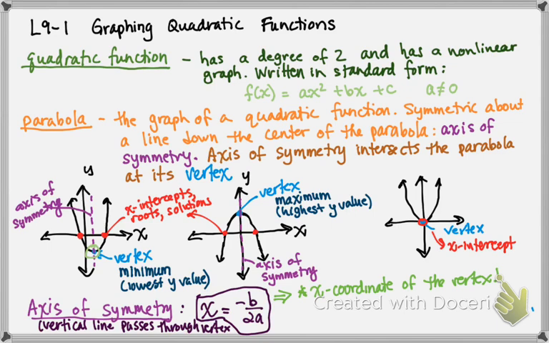And then, if I want to find both coordinates for the vertex, which is our starting point for graphing, then I'm going to need to figure out the y coordinate. So how do I figure out the y coordinate? I'm going to abbreviate that to y-coord vertex.